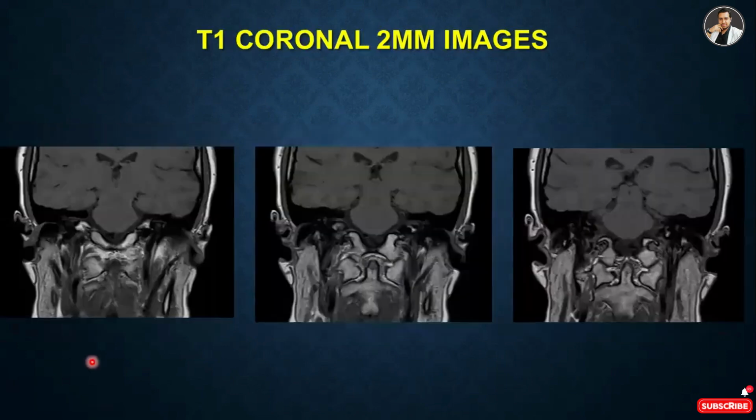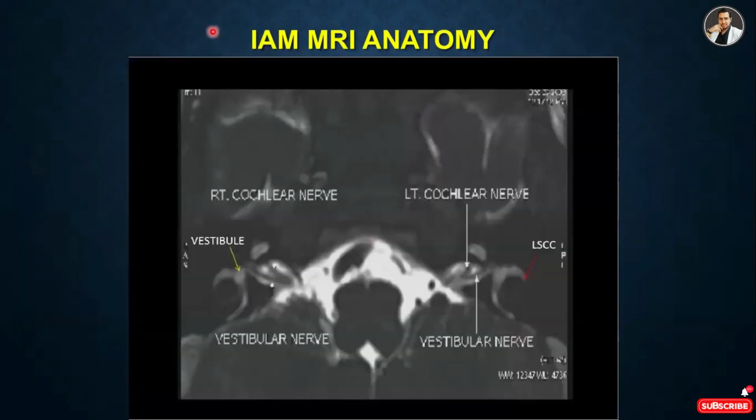This is also a coronal image, like a T2 coronal. Here are all the tissues: the cerebellum's coronal part and nerve. Now we will see the original image of the MRI. This is vestibular. This is vestibular.